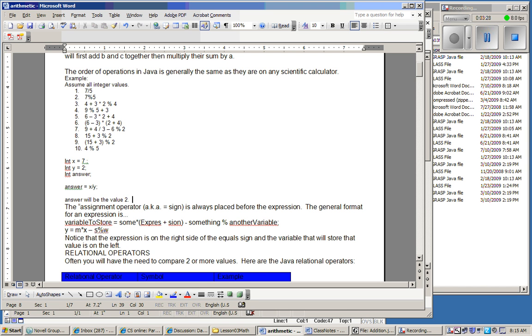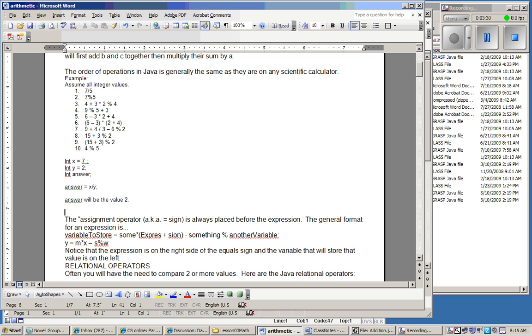All I would simply have to do is put in parentheses double before I put in the x and double. So that's called typecasting. I'm taking something that was an int and I'm making it into a double.